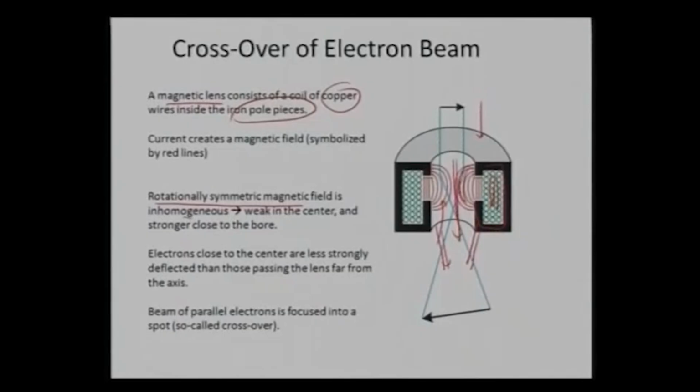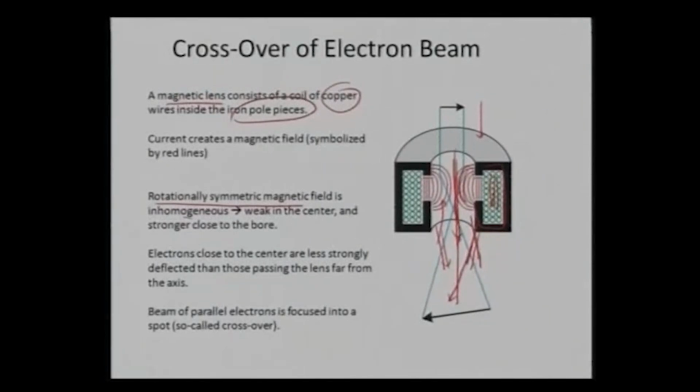So what I can see is, if my electron is passing through it, the electron will get strongly deflected once it undergoes a very high field. So once the electron is traversing near the pole piece, it will get deflected very sharply, whereas an electron passing in the center will be deflected to a much lesser extent.